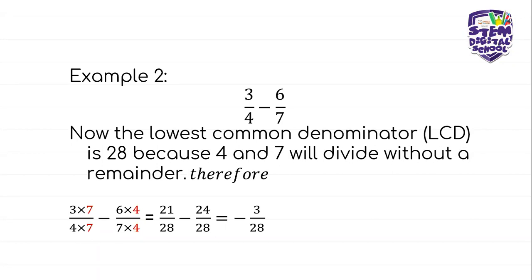Some people find the LCD by multiplying the denominators, as a product of the two denominators. For instance, if you multiply 4 by 7, you will get 28. And 28 will be your lowest common denominator. But it's not always the case that when you multiply your denominators, you will find the lowest common denominator.